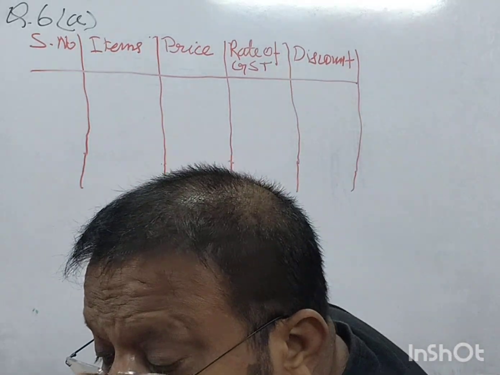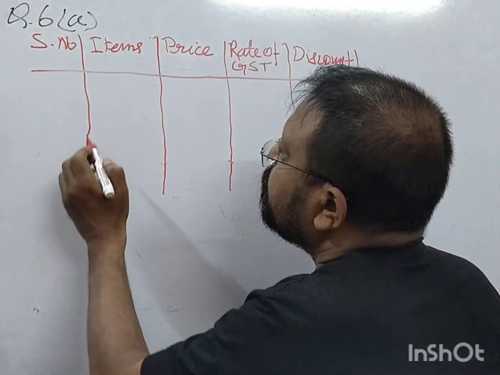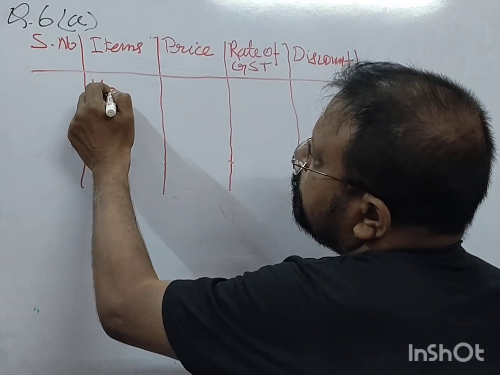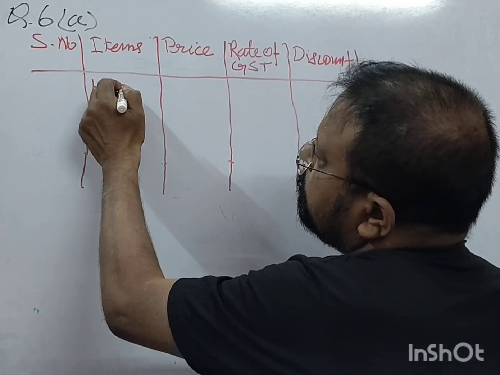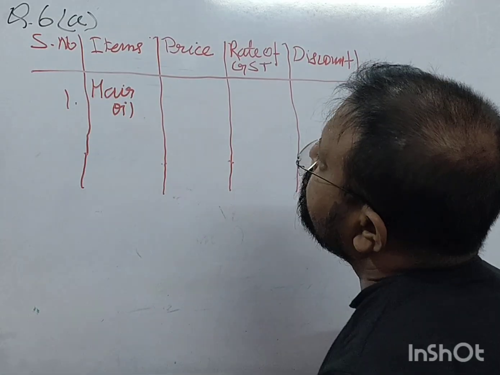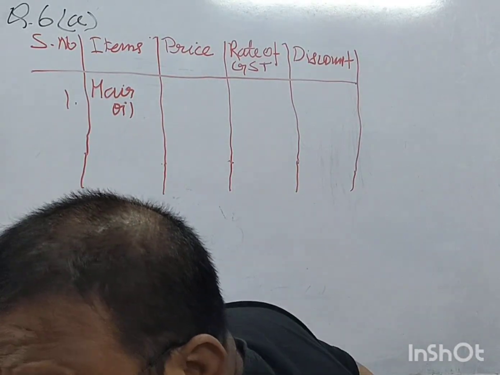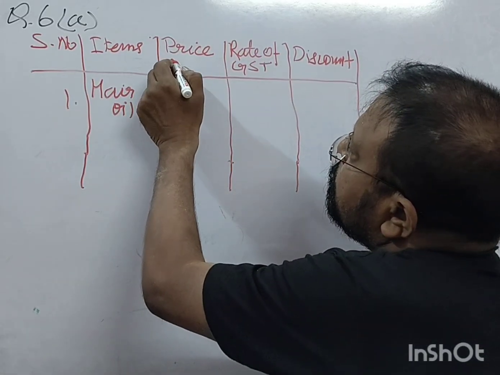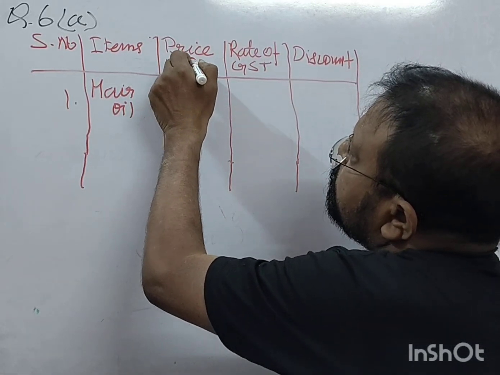We have two products, right? One is hair oil. We have hair oil, serial number 1, and its price is 1200 rupees. Price in rupees.